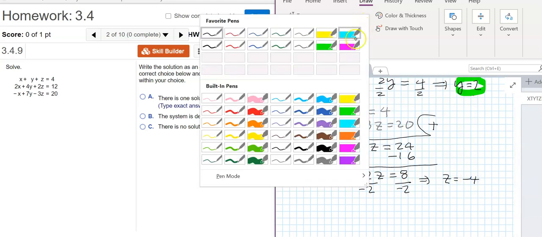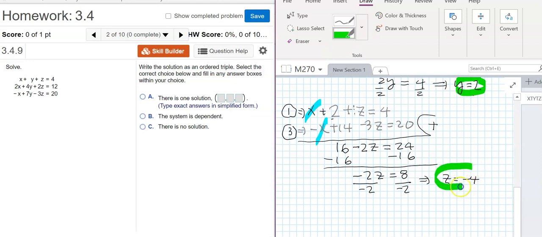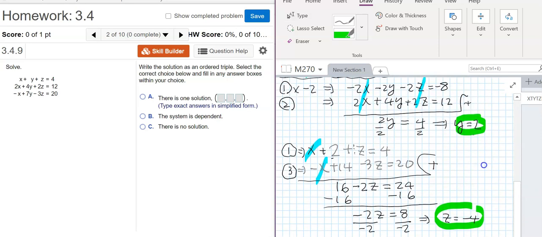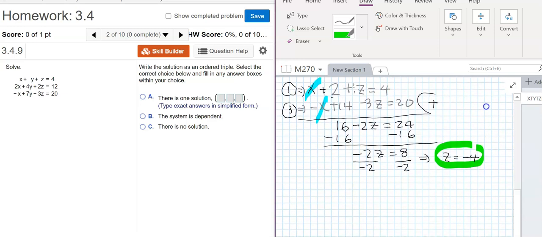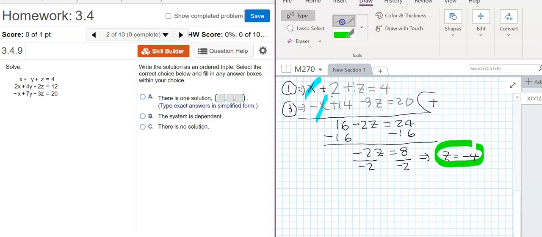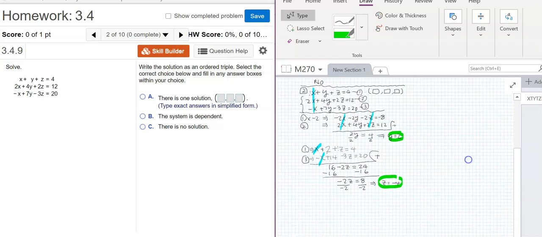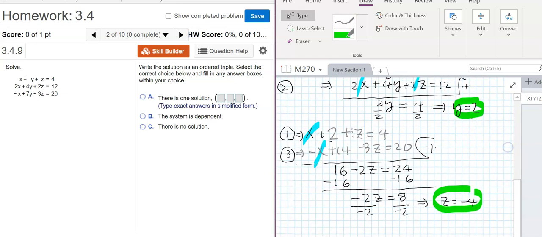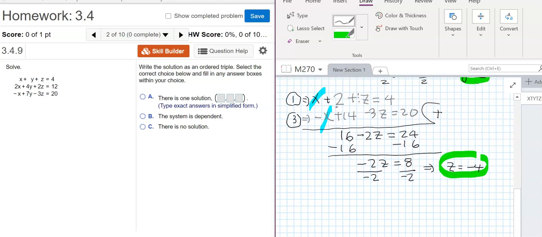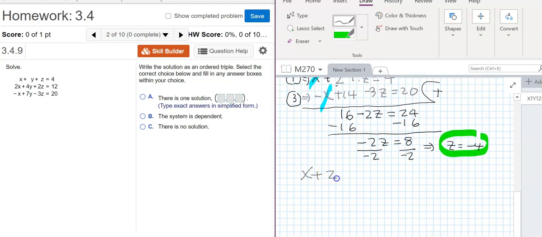So I had earlier y equals 2, and now I have z equals -4. All you need to do is find x. So I just go to the first equation. The first equation says x + y, and we saw y is 2, + z, which is -4, equals 4. This is from the original equation number 1.